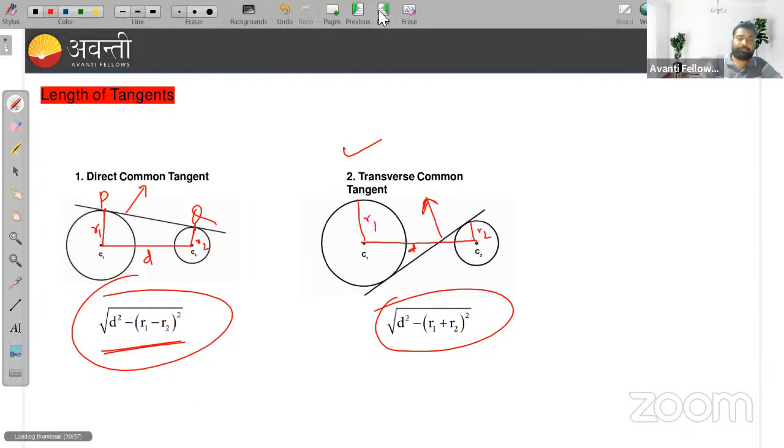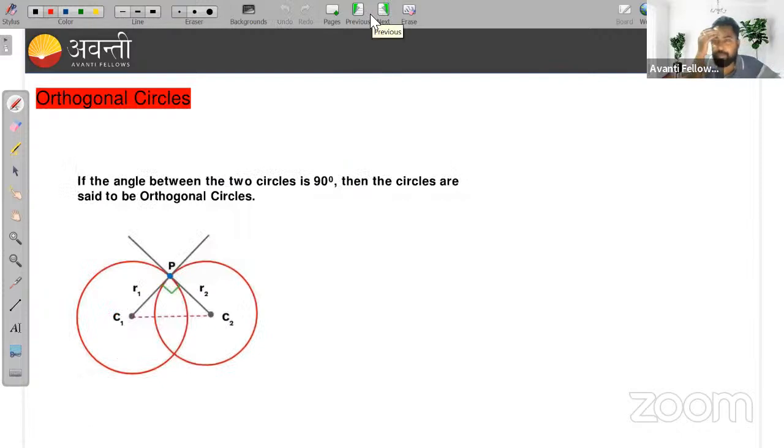Clear? Sure. Now, when can we say two circles are orthogonal? If the angle between two circles is 90 degrees, then the circles are said to be orthogonal.